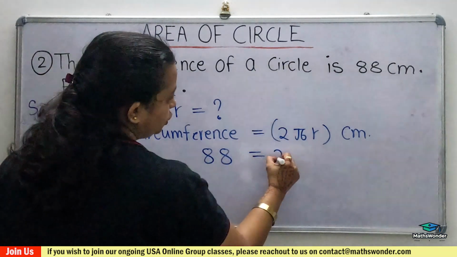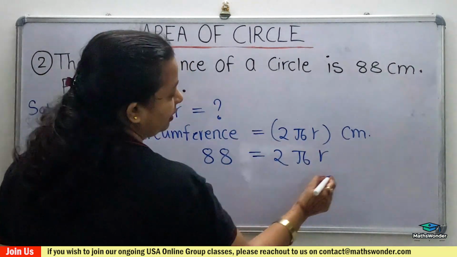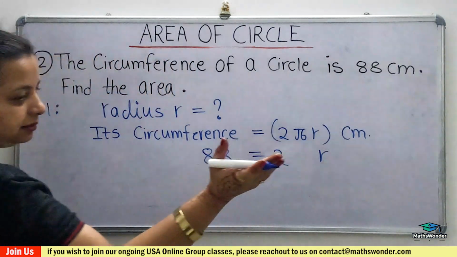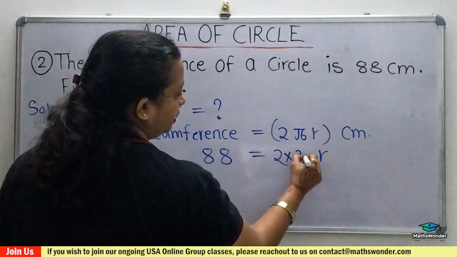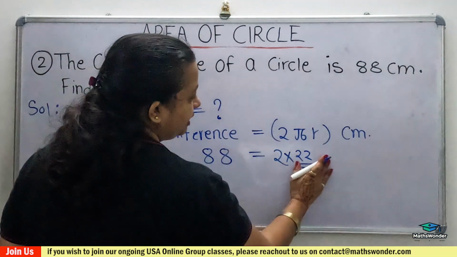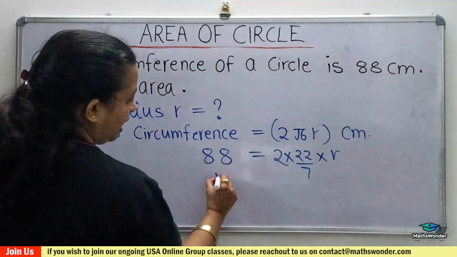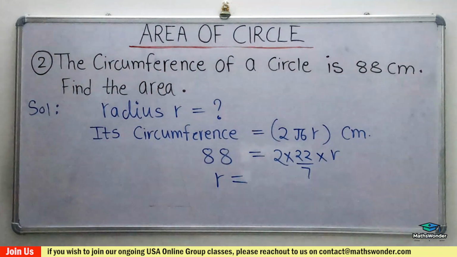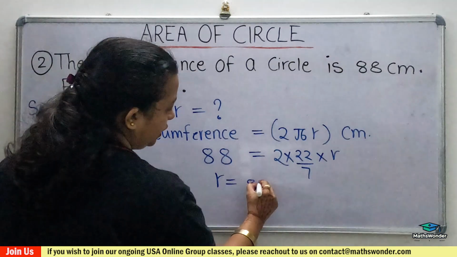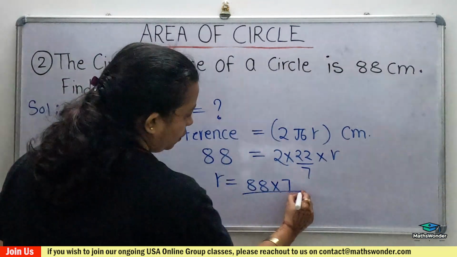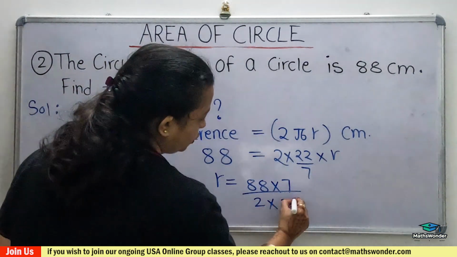Circumference is given, which is 88. 2 pi r. Pi you can substitute, pi is 22/7 directly, right? Then you will get r from this. So what will be the r? Find it quickly. 88 times 7 over 2 times 22.